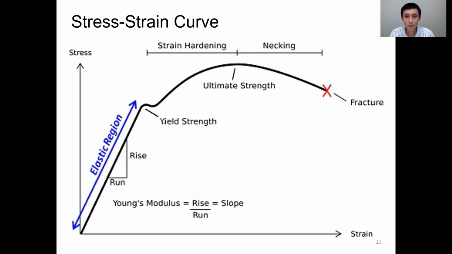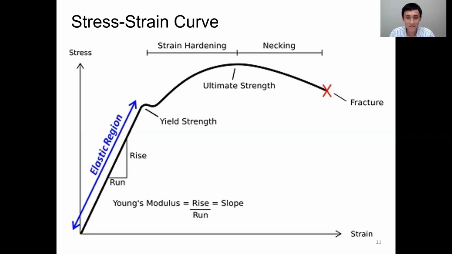The region between the yield point and the tensile point, we call the strain hardening area. Strain hardening means that when the load keeps being applied, the material itself is getting stronger. We also call this work hardening or strain hardening.